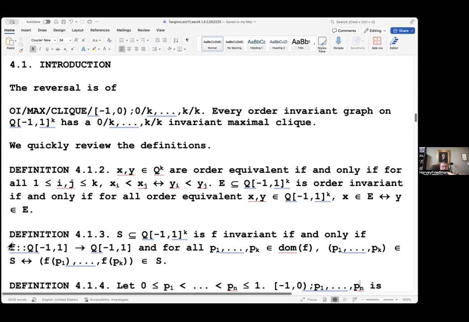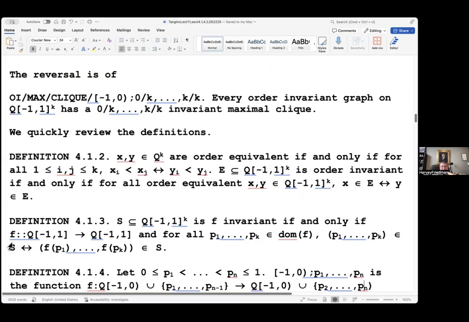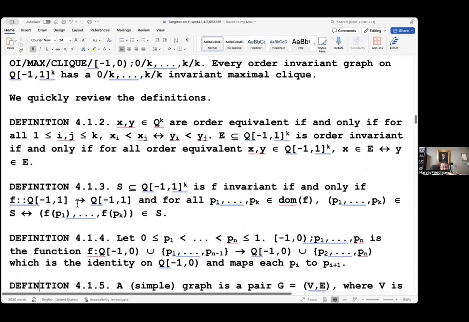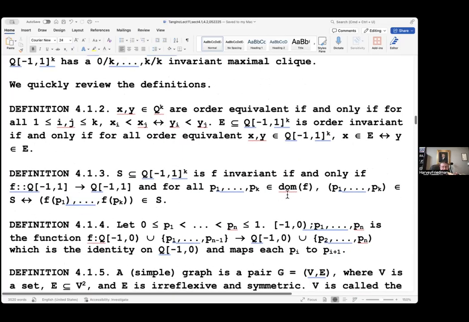You know what order equivalence is by now, order equivalence of tuples and order invariance of a set. Okay. And then we have F invariance, where F is a partial function. F invariance, where we talked about this, clear what this is.